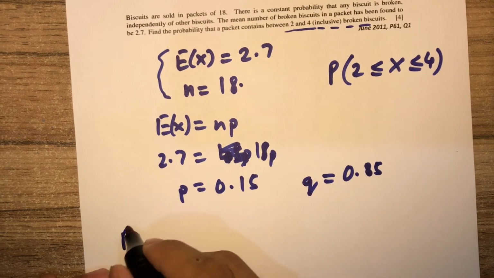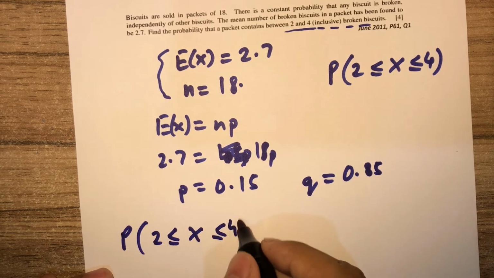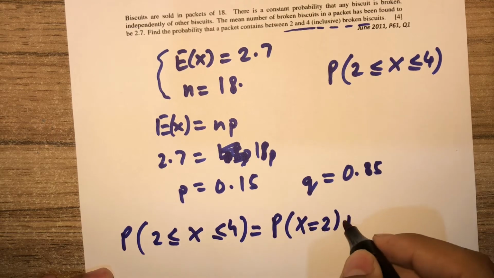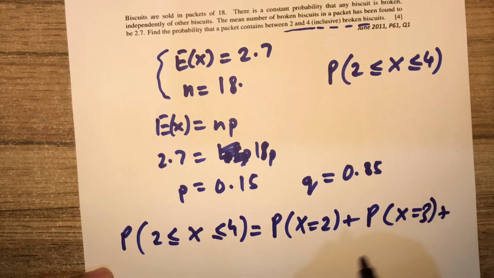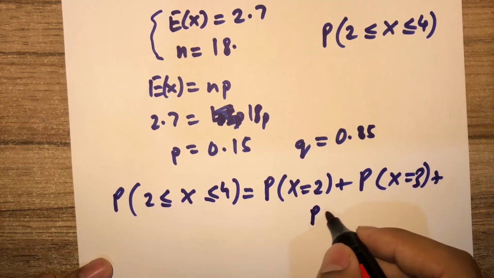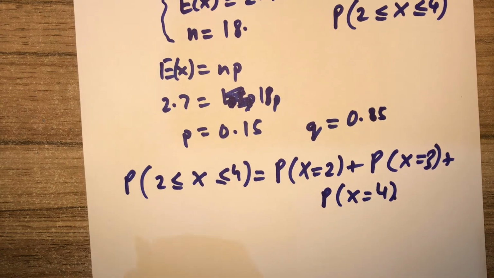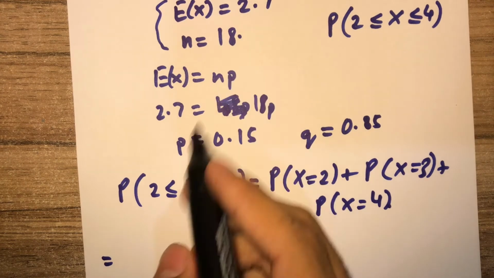Now we have to find the probability of X being greater than or equal to 2 but less than or equal to 4. That is equal to the probability of X equals 2 plus probability of X equals 3 plus probability of X equals 4. So for X equals 2, the probability will be, there are a total of 18 events, right?